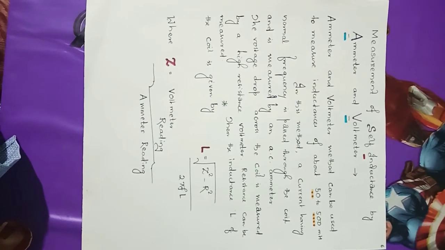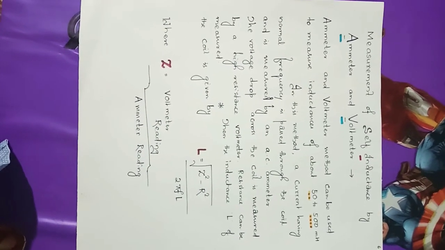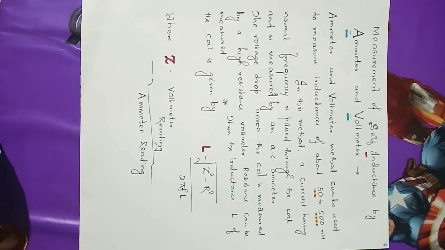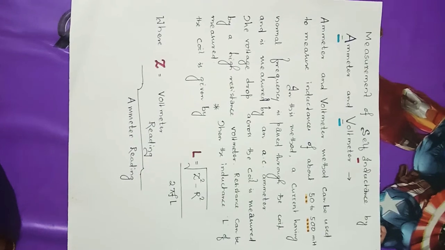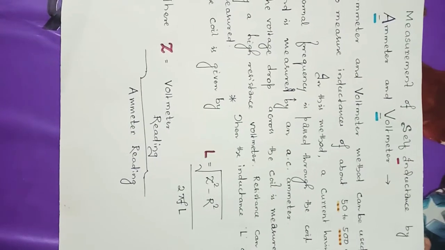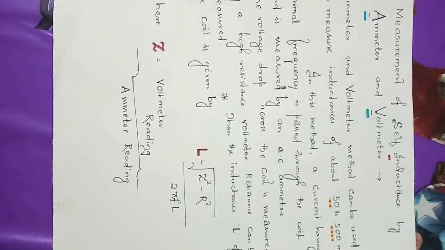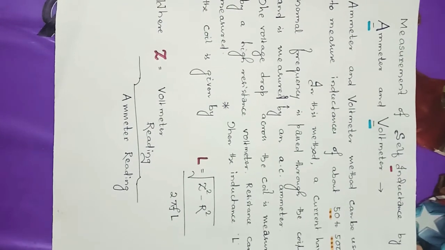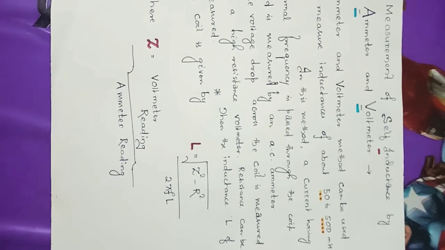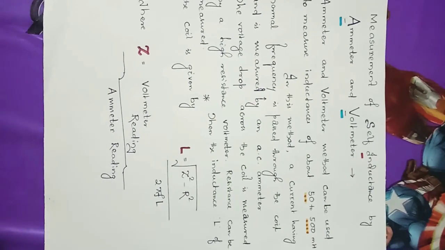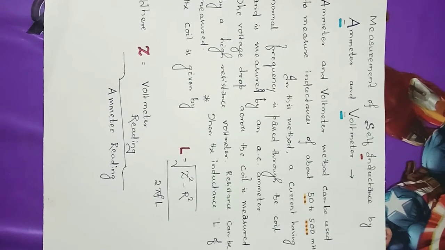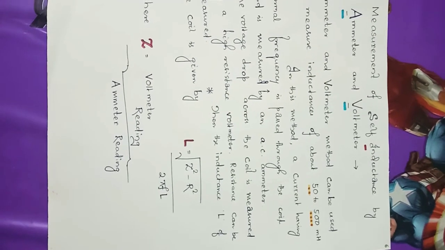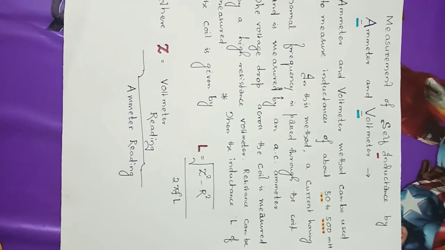Apart from resistance, there are some more parameters like inductance, that may be self-inductance or mutual inductance. Measurement of self-inductance is possible by application of ammeter voltmeter method, and this method can be used to measure inductance of about 50 millihenry to 500 millihenry.